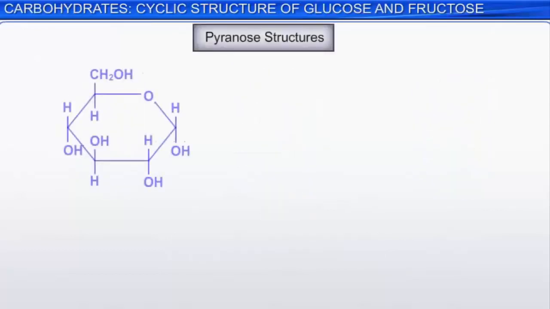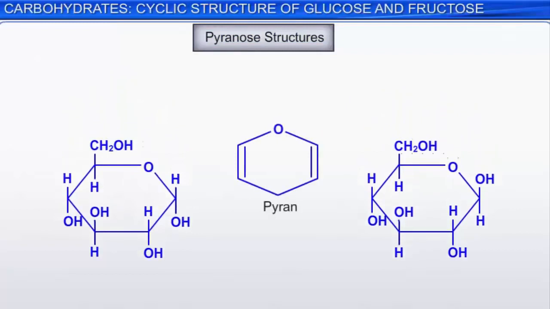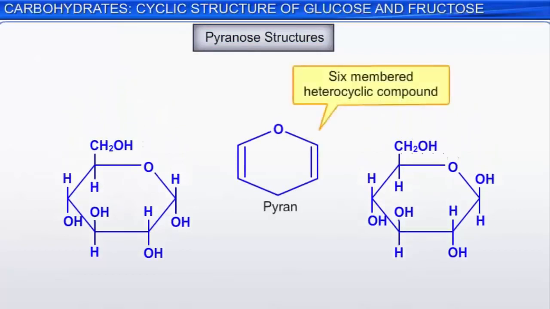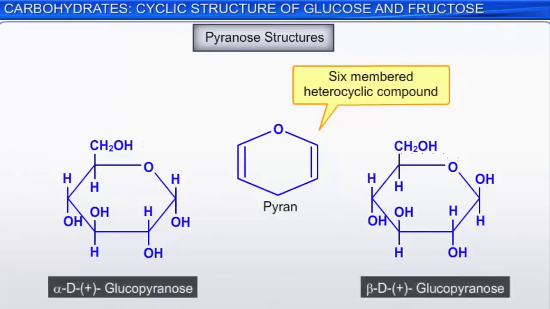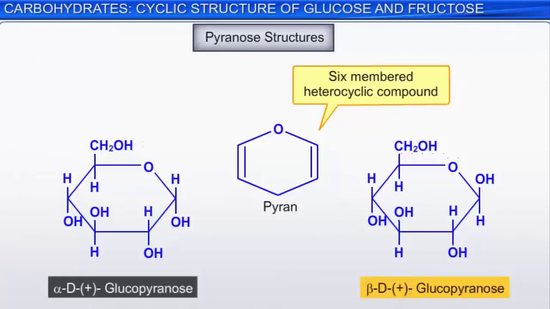The six-membered ring structures of glucose can be called pyranose structures, in analogy with pyran. Pyran is a six-membered heterocyclic compound. Hence, the anomers are called alpha-D-(+)-glucopyranose and beta-D-(+)-glucopyranose.